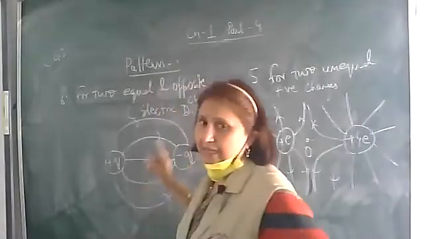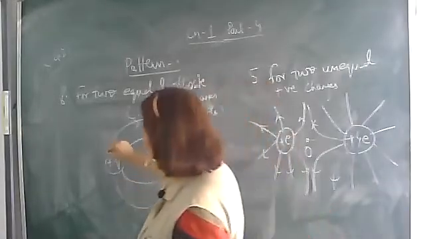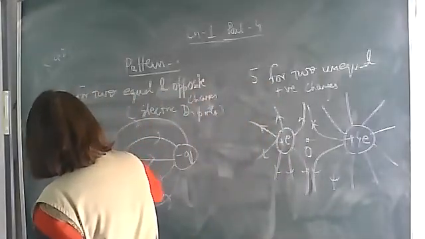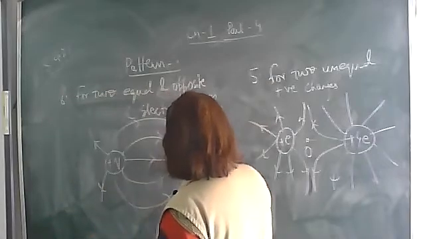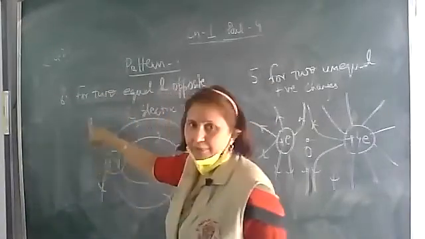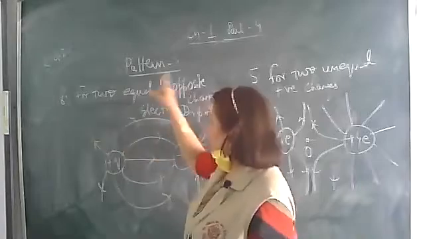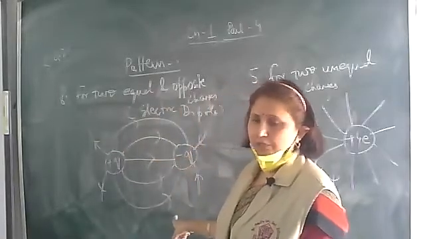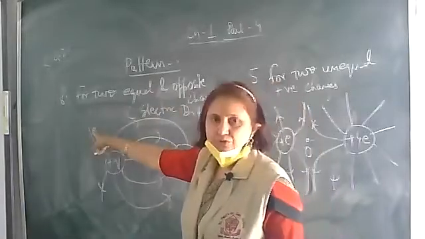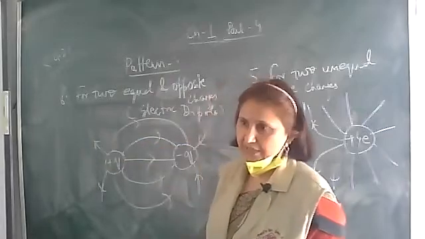This is called an electric dipole. Okay, these lines of forces are not having a break. They are not breaking here. We cannot draw so many electric lines of forces on the paper or on the board, so that is why we have shown like this. Otherwise, they are not having any break.